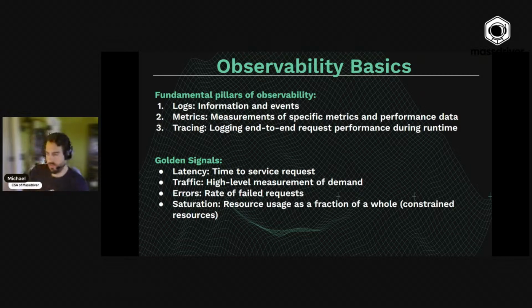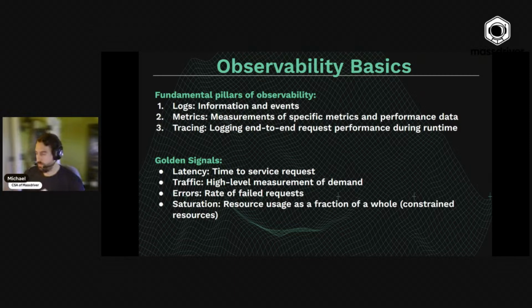Are you going to experience any issues by changing the fraction of your utilization? So that's what saturation is referring to: let's find out how our system reacts to changing the fractional usage of our environment. And then last but not least is tracing. Tracing logs end-to-end request performance, meaning you can gain insight into the flow of your application and how that's working.